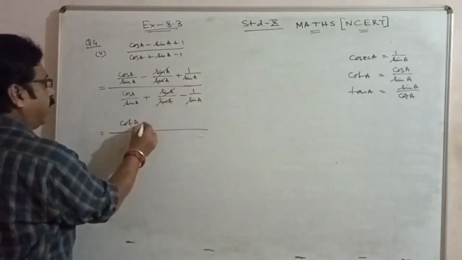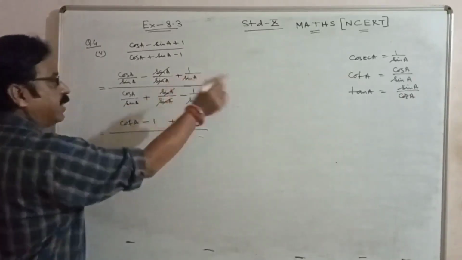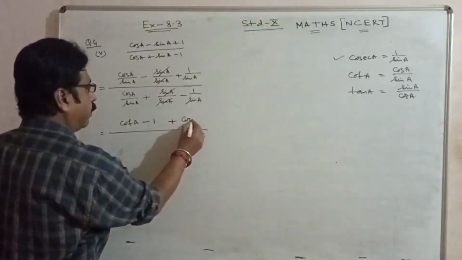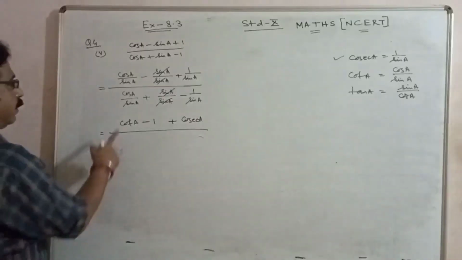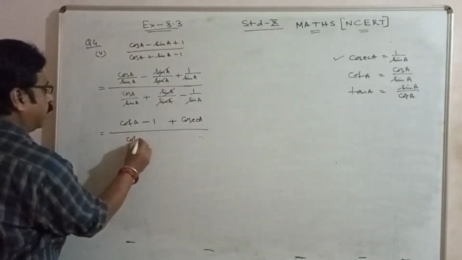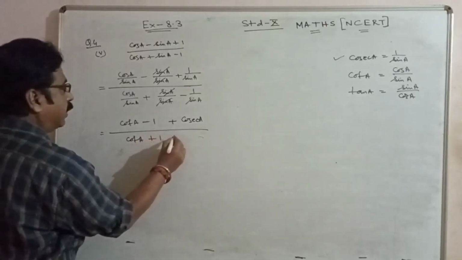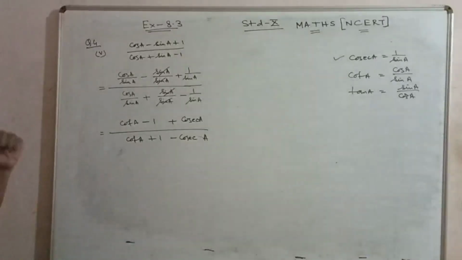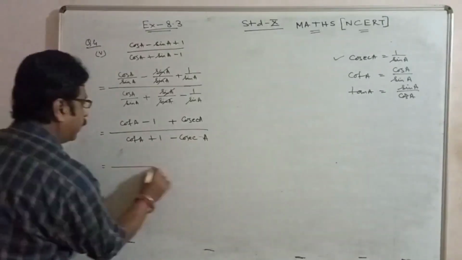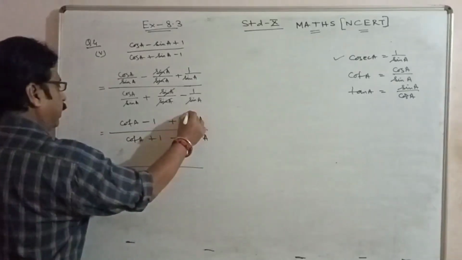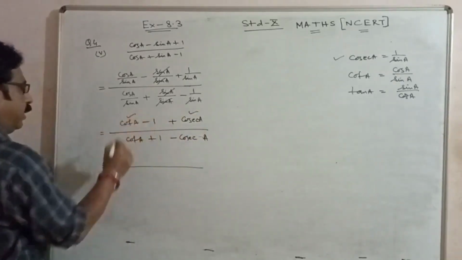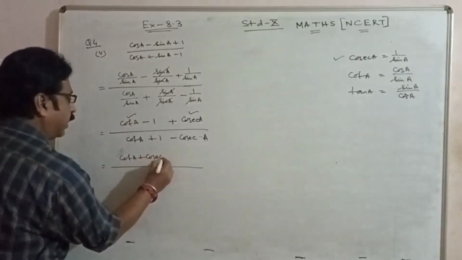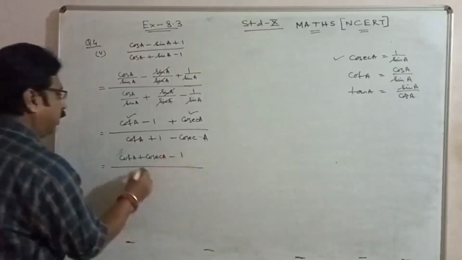Here also minus 1 plus 1 upon sin A means cosec A. Here it will be cot A plus 1 minus cosec A. Cosec A and cot A. Let us write first cot A plus cosec A, then minus 1.